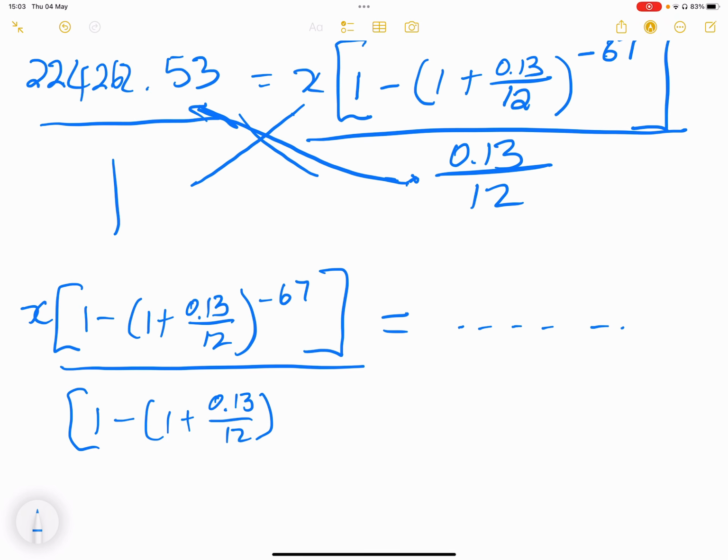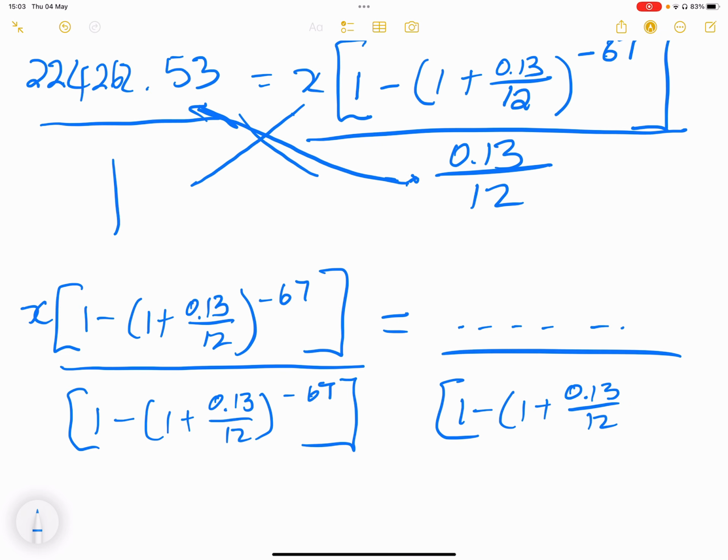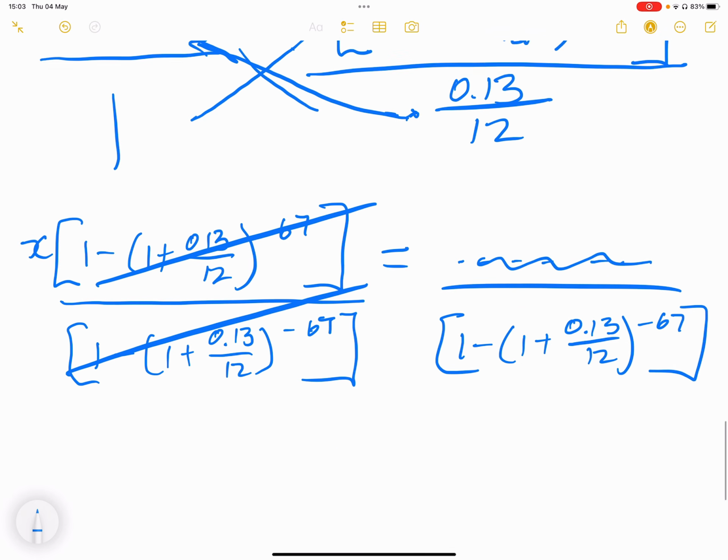Ladies and gents, I ask you not to write this out as it's going to waste time in the exam. I'm just showing you what steps I'm following, so that this cancels with that.